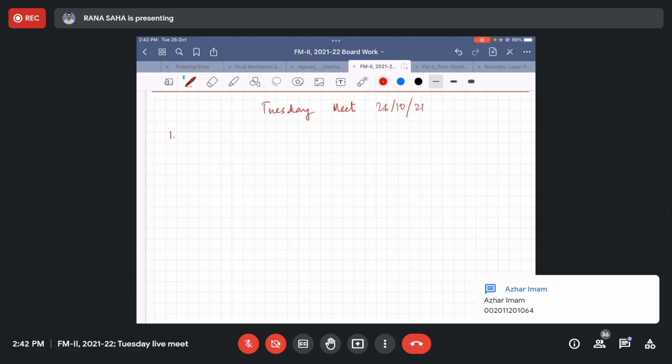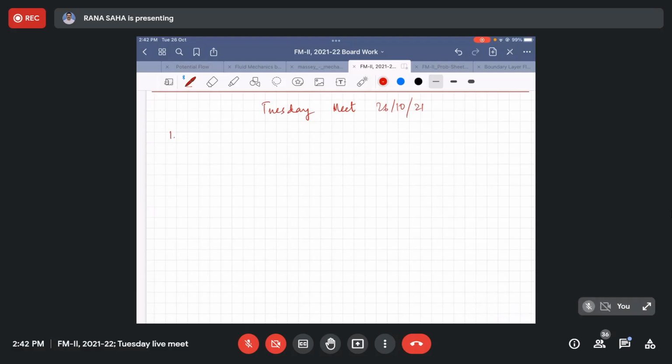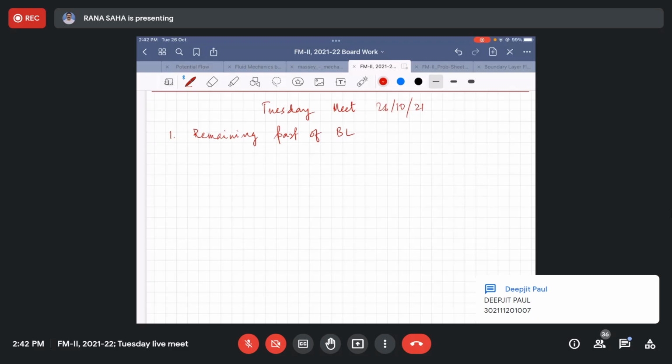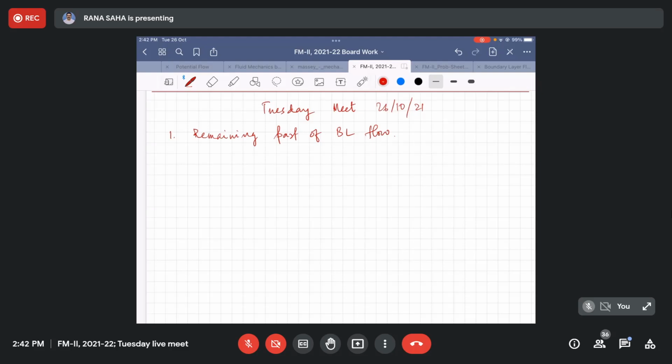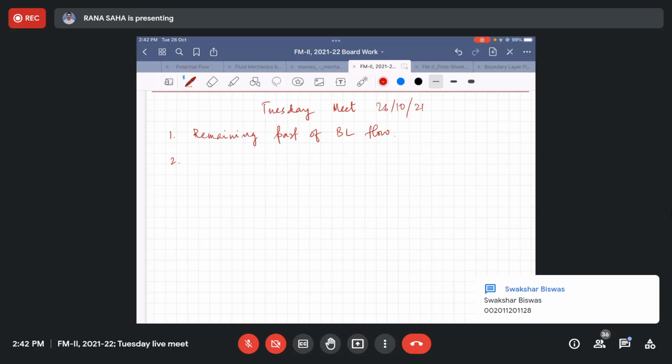So we need to finish the remaining part of boundary layer flow, and we had also circulated the problem sheet on potential flow.